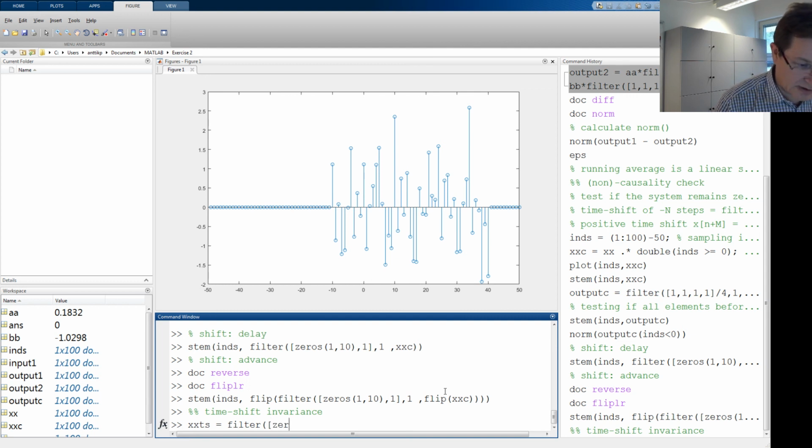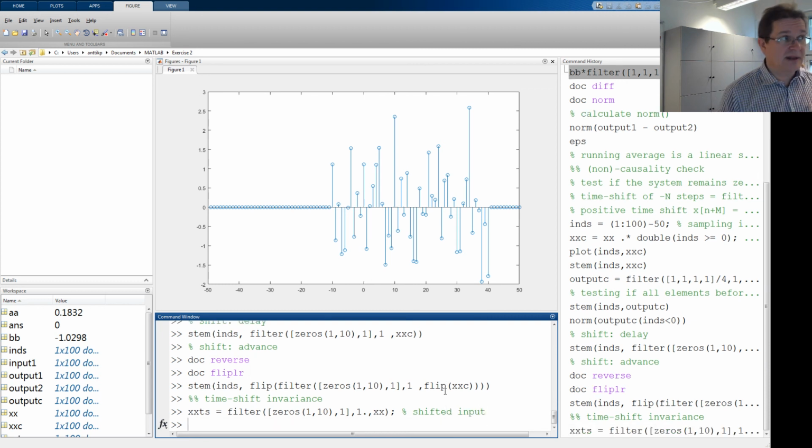Let's move it in time, for example by 10 time steps. Shifted input, and then we run this one to the output. F1 is filter.